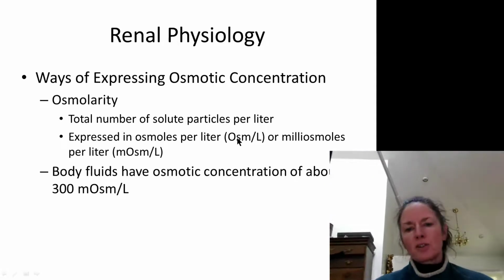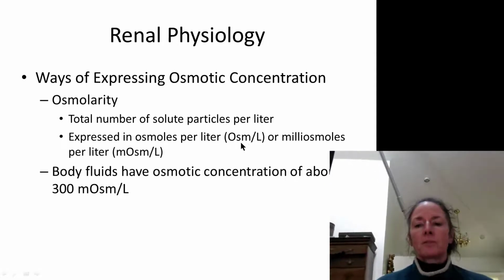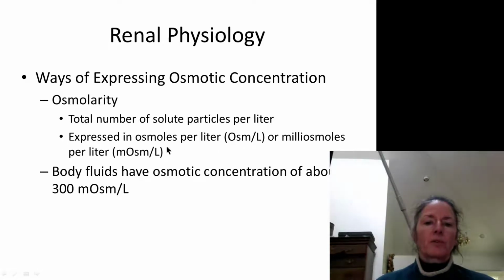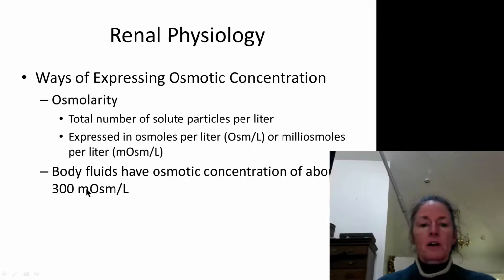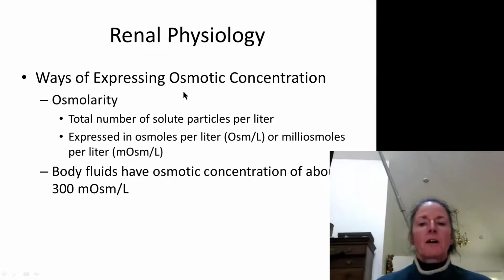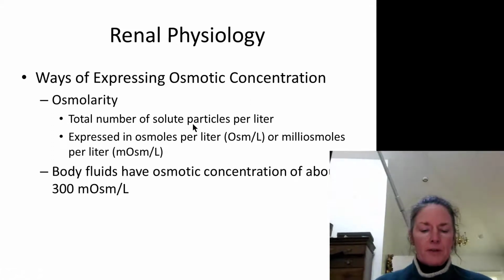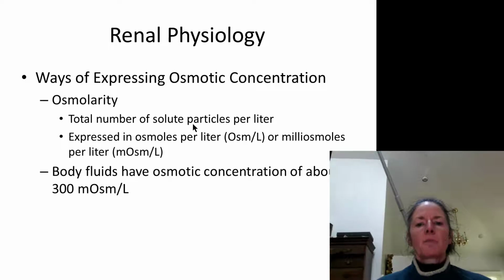So when we measure stuff, we usually just draw the blood, measure it, and it'll be measured in osmoles or milliosmoles per liter. Now, body fluids typically have an osmotic concentration of about 300 milliosmoles per liter. One other thing that I should emphasize, and I know this is a review, but it's something that's important. We're talking about number of solute particles per liter.